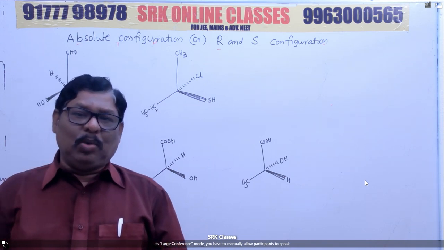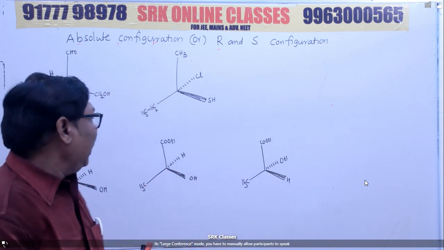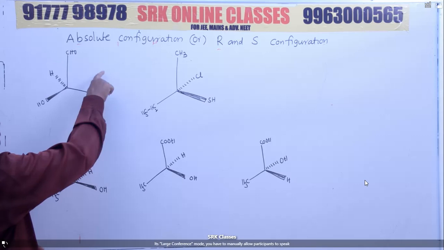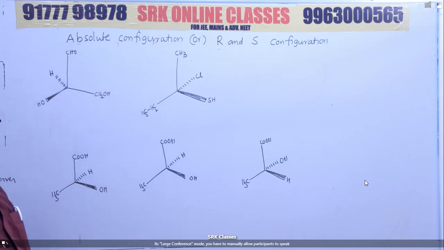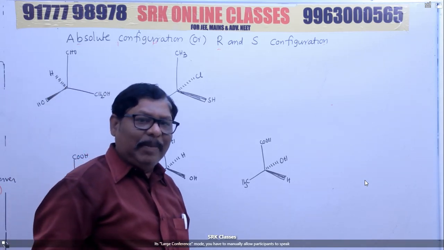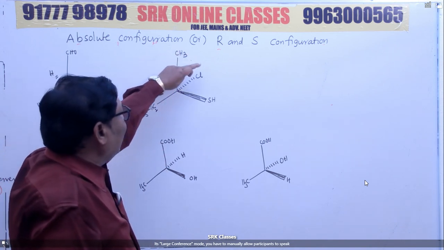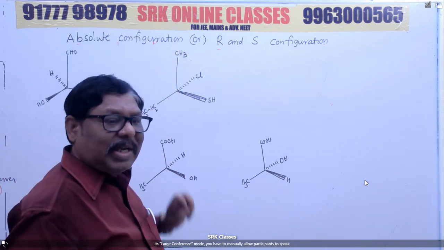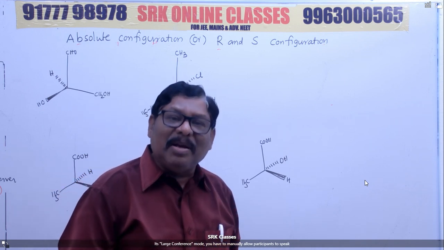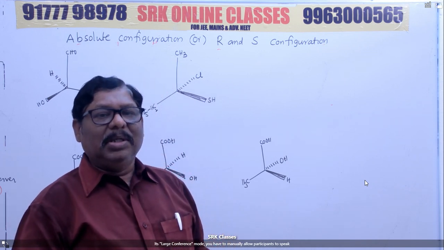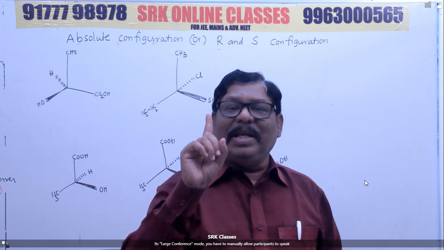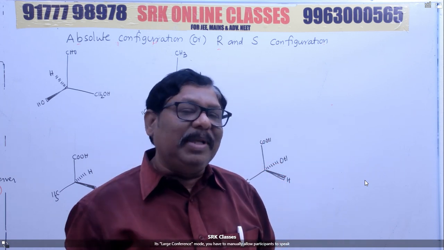According to the CIP rules, rule number 1 says: write the priority for all the 4 substituents which are attached to the chiral carbon on the basis of atomic number. The meaning of that is, higher the atomic number, higher will be the priority.